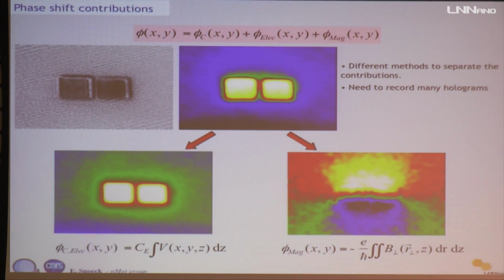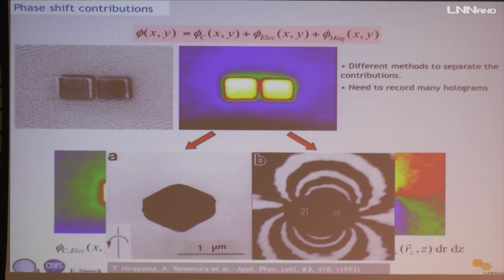Okay. So I showed you that with this method we can separate the electrostatic from the magnetic contribution in the phase image. And I have to say that the first who did all these holography studies on magnetic materials is Tonomura, who passed away almost five years ago.